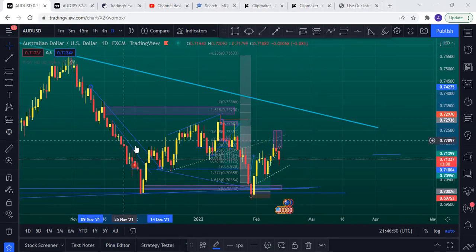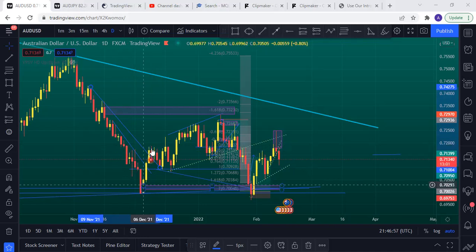Can we see those two trend lines? Now, what you have observed about those two trend lines is that they got broken quite easily. This one got touched once, twice. The third time it got broken. This got touched once, twice. The third time it also got broken. And if you look at these two trend lines, you see that they are actually very, very steep.